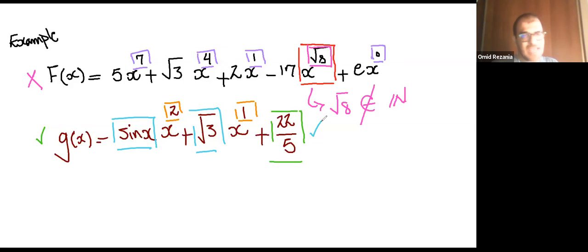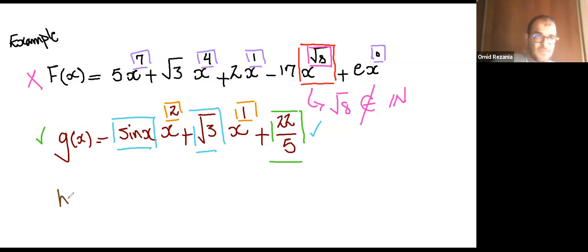You will see there are no restrictions on the coefficients. However, we have restrictions on the exponents, the powers of the variables, and that is that they have to belong to the natural numbers.